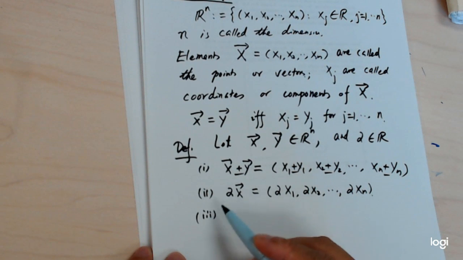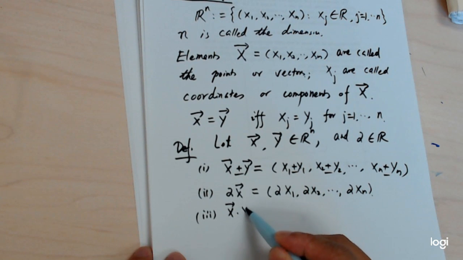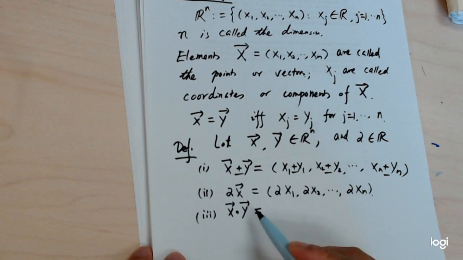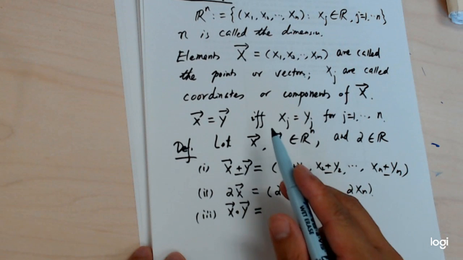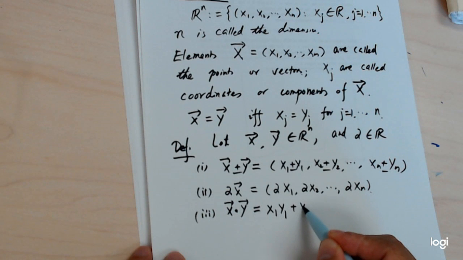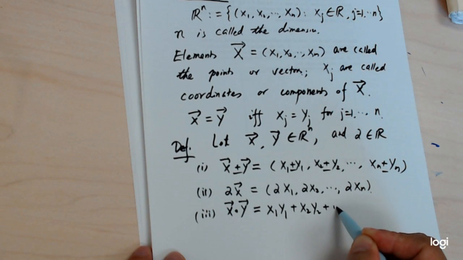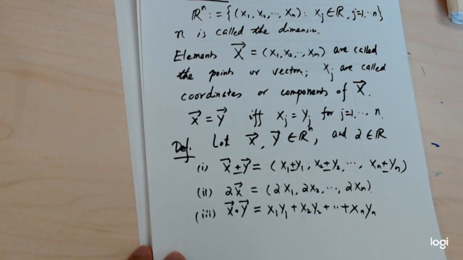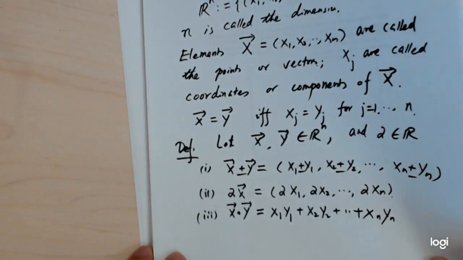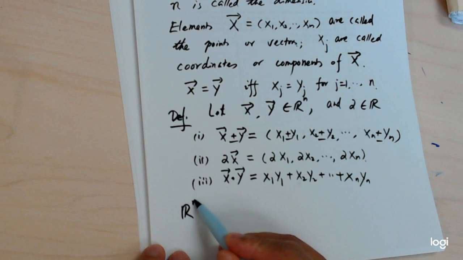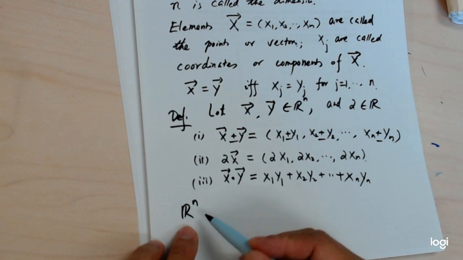Number three, the dot product between two vectors. So this is the dot product between two elements of Rn: x1 y1, x2 y2, and so on. So it's the sum of the products of the corresponding components. So you have a collection of elements in Rn.